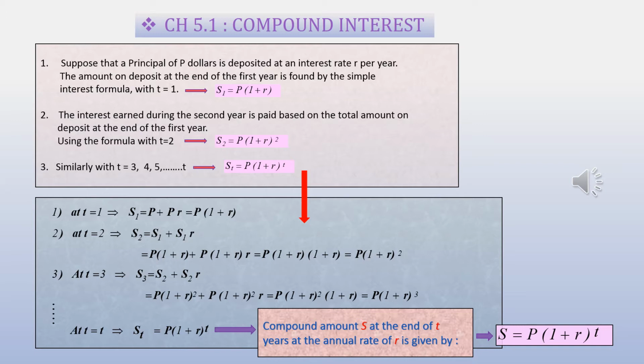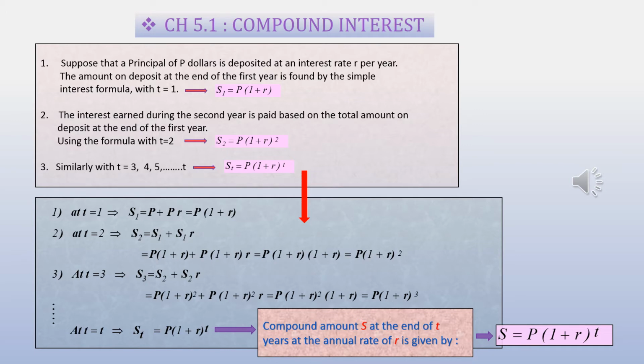Now let's see the third year. At t equal to 3, S3 equal to S2 plus S2 multiplied by R. So this is a similar way as what we have done in the second and in the first year. So S2 here is the principal in the third year.